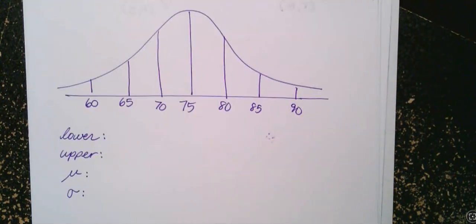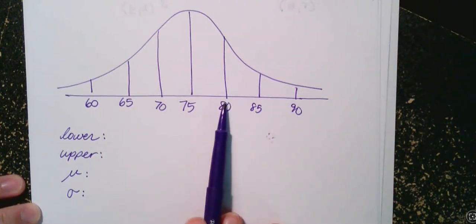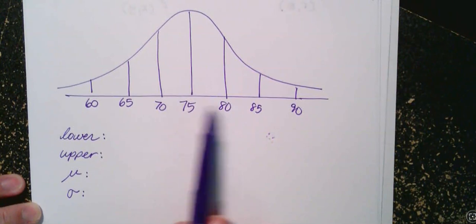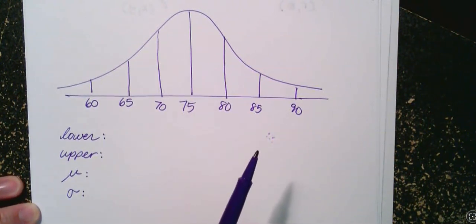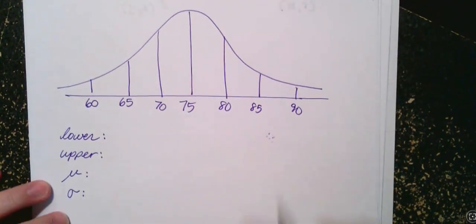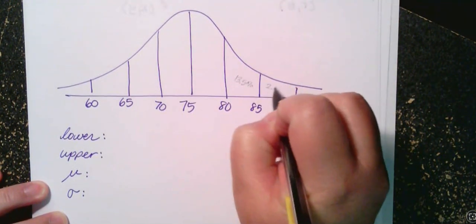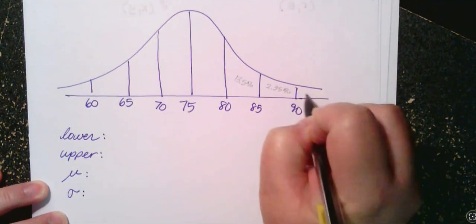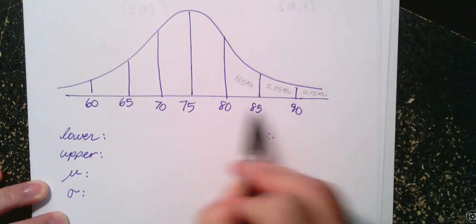Okay, so we're looking for the percent of cars that have a speed greater than 80. Now, interestingly enough, on this particular problem, 80 is exactly 1 standard deviation higher than 75, so I could use the empirical rule. And according to the empirical rule, this would be 13.5%, this would be 2.35%, and this would be 0.15%, and altogether that would be about 16%.